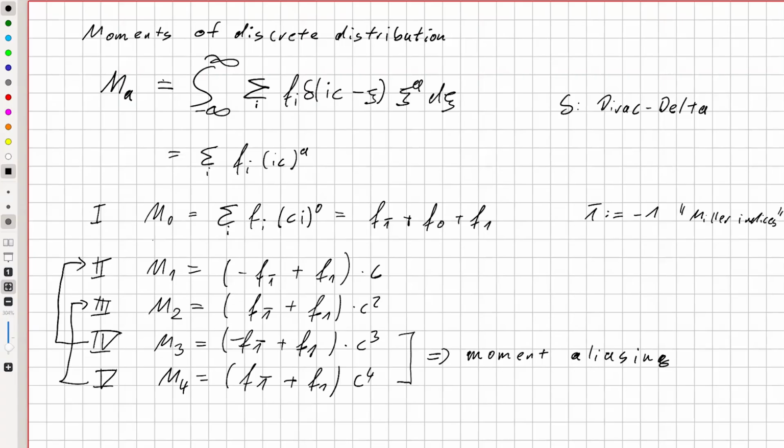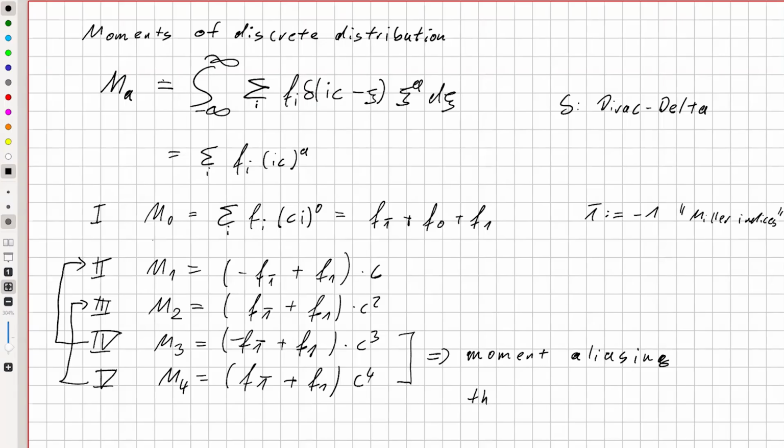Who is for aliasing? Who would pronounce this completely different? Okay, we go with aliasing then. Okay, good. So we call this moment aliasing. Remind me if I do it the other way.